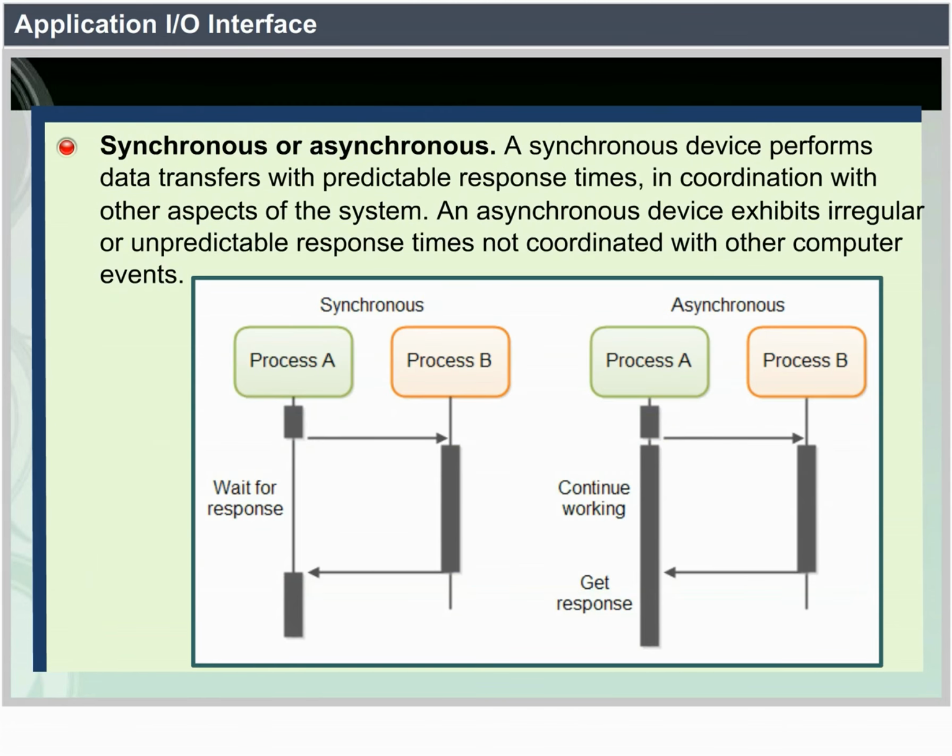Synchronous or asynchronous. A synchronous device performs data transfers with predictable response times in coordination with other aspects of the system. An asynchronous device exhibits irregular or unpredictable response times not coordinated with other computer events.